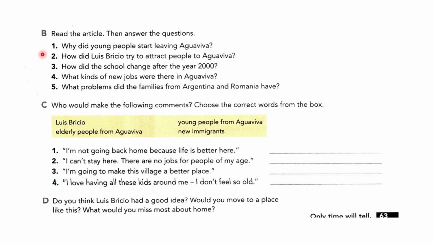He offered house, job, education, and health free to people in Buenos Aires and Romania. Yes, he advertised and offered homes, jobs, healthcare, and education. That was his strategy to attract all of those people.